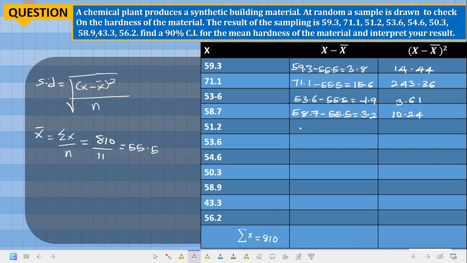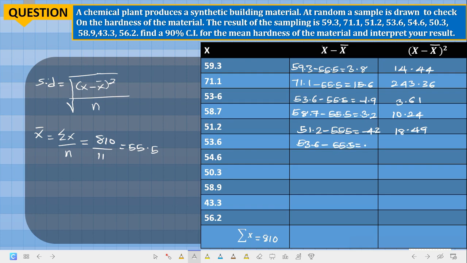The next one is 51.2 minus 55.5, and this will give us minus 4.2. When you square this, it's going to give us 18.49. The next one is 53.6 minus 55.5.